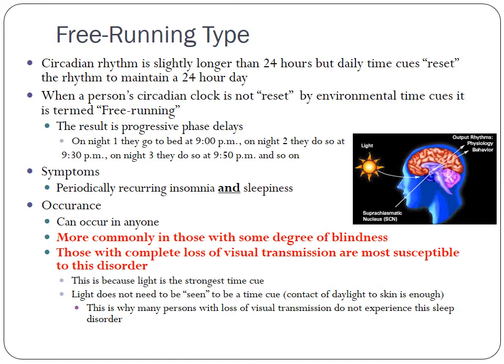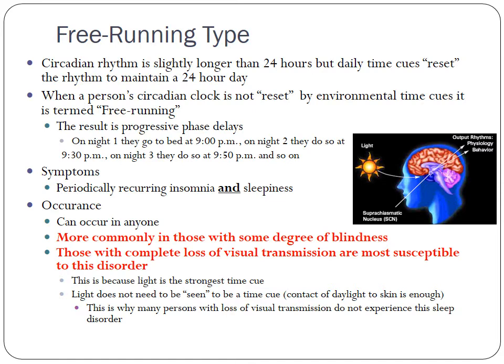This is because light is the strongest time cue. Light does not need to be seen to be a time cue. Contact of daylight to skin is enough for it to be. It's for this reason that daylight can just hit the skin and that be enough. That's why some people with loss of visual transmission do not experience a sleep disorder, because if they've had daylight contact to their skin, then that was enough of a time cue that they do not develop free running type sleep disorder.